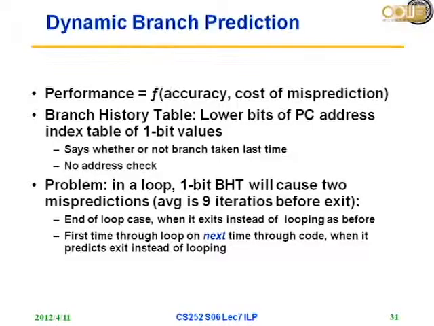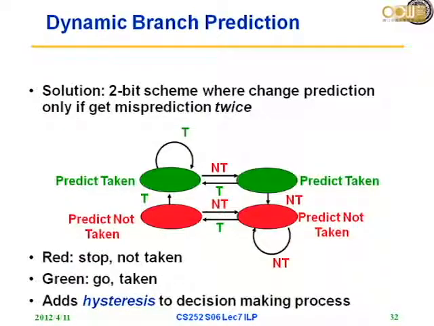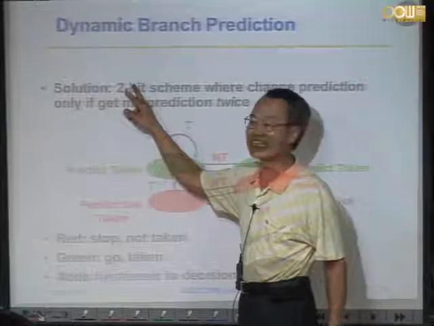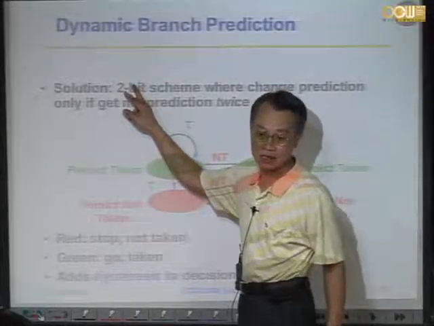And the problem in a loop is that a 1-bit BHT will cause 2 mispredictions every time you encounter a loop. So we improve the 1-bit scheme by using 2 bits for the prediction information.